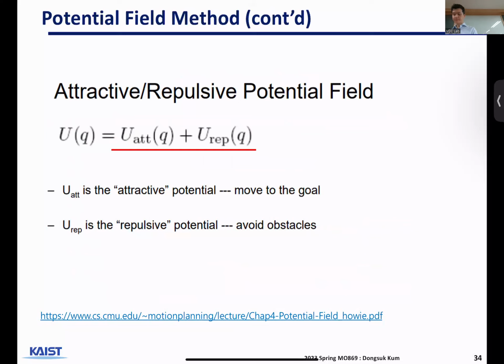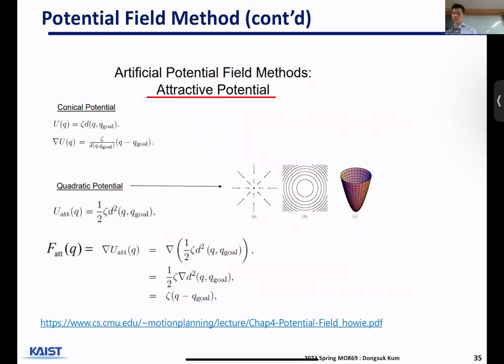So here's attractive potential, repulsive potential, and that's going to get you close to goal while avoiding obstacles. So the main thing here is constructing the potential field, okay?